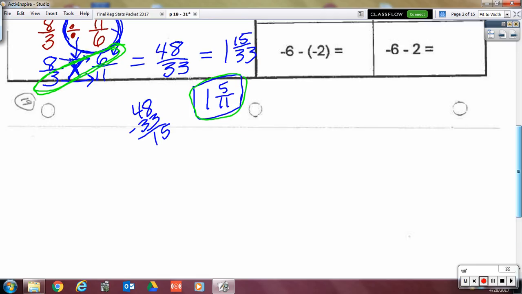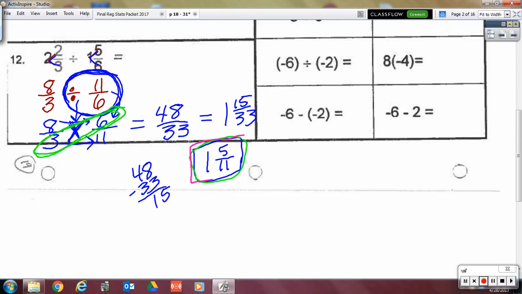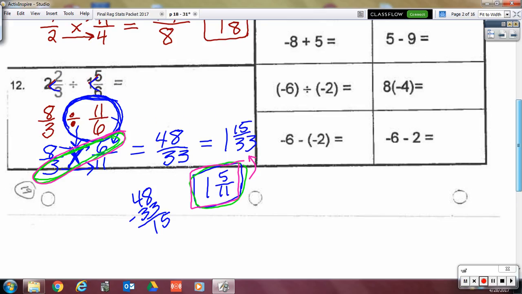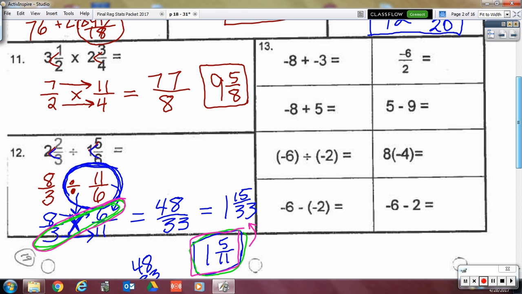That's exactly what this one ended up reducing to when we had to reduce it later. So it's best to look at it here and see if you can reduce the corners before you multiply. Reduce any corners before you multiply across. That's a new song. Could be. Reduce any corners before you multiply across.